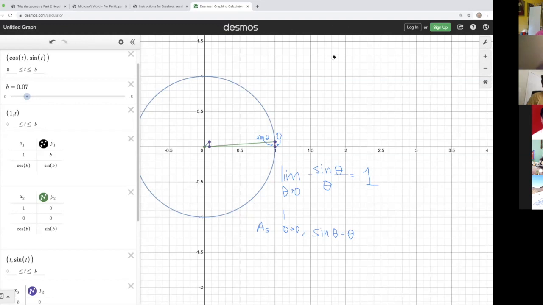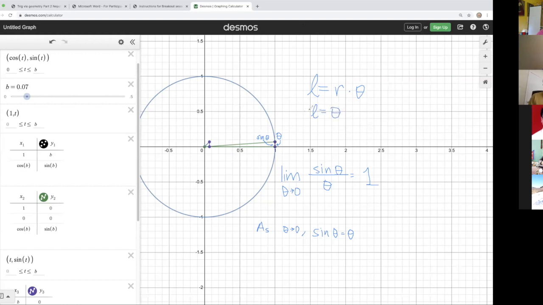So it's absolutely essential that students understand the circular approach to trig functions, that they understand radian measure, that in radian measure, the arc length and the angle measure are one and the same thing, because we know from that formula that we studied today that the length of an arc is r times theta, but if r is equal to 1, then that simplifies down to the length of arc and theta are one and the same.